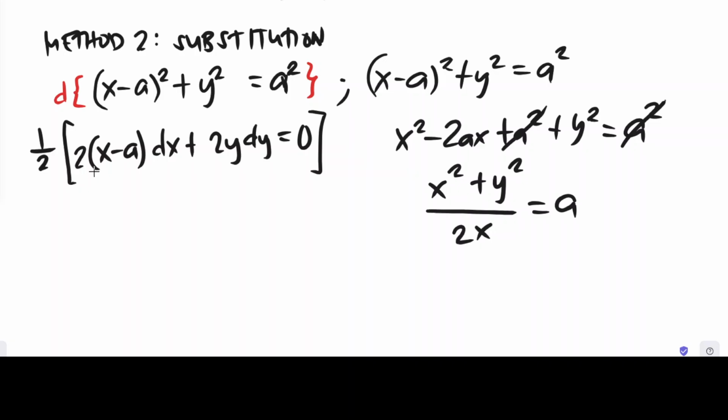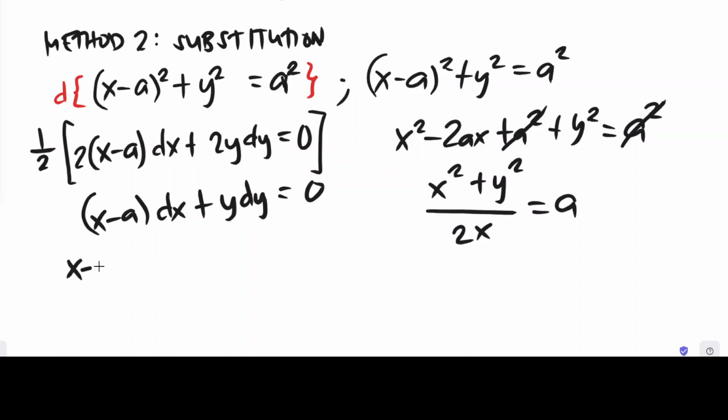Okay, so we will have (x minus a) dx plus y dy is equal to 0. Now substitute the value of a that we have solved.